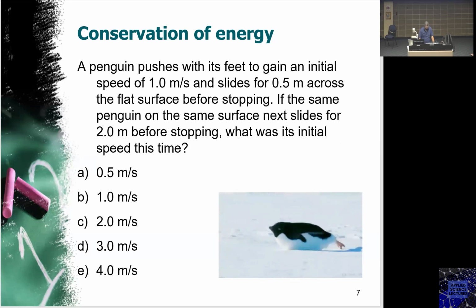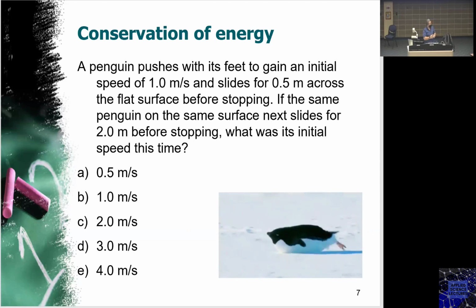Now let's look at this example here. In this example, we have a penguin that pushes with its feet to gain an initial speed of 1 meter per second and slides 0.5 meter. So he gave himself an initial speed of 1 meter per second.